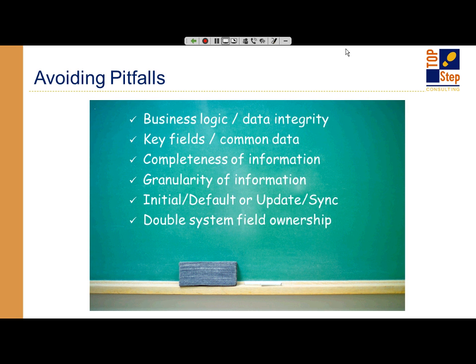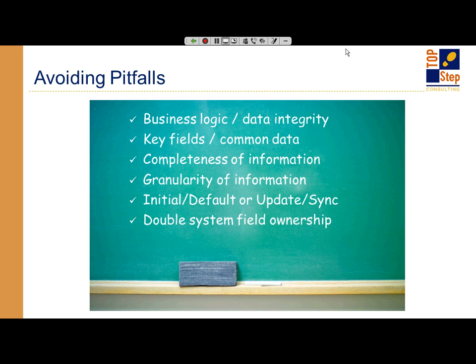And finally, double system field ownership. So this is really understanding what system owns what data. So if I call TopStep TSC, and my TopStep consulting was synchronized with my PSA, and then I changed the name to TSC in my sales system, do I want that data to pass over to the PSA?